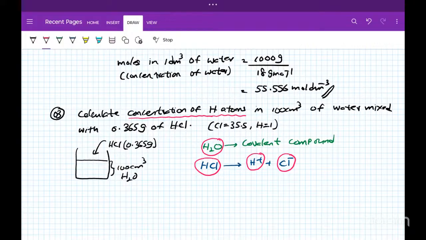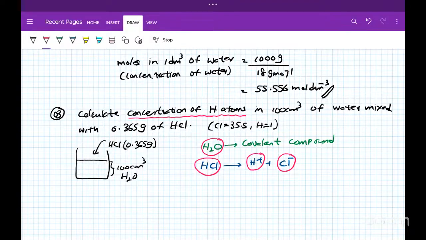So do we have hydrogen atoms in the solution? No. We don't have hydrogen atoms in the solution. Right? Because in summary, H2O will be as H2O molecules. HCl will be as H plus ions and Cl minus ions, and HCl sometimes. H plus ions is not hydrogen atoms, right?